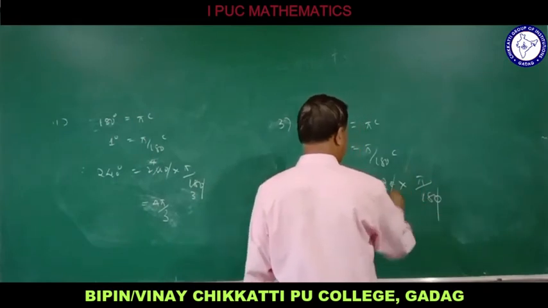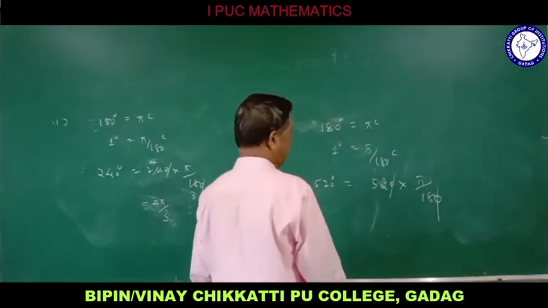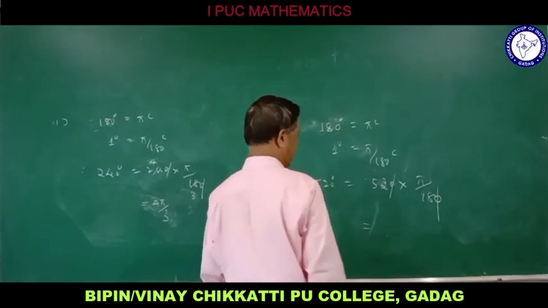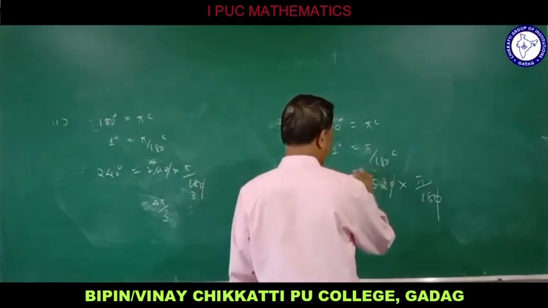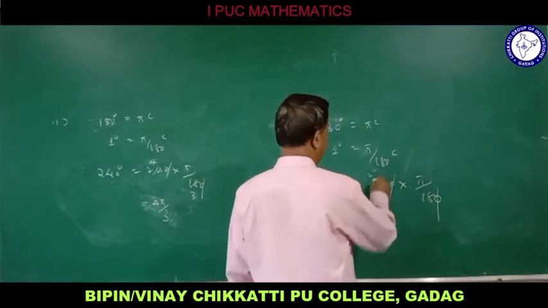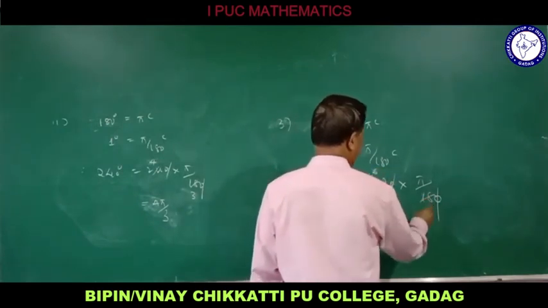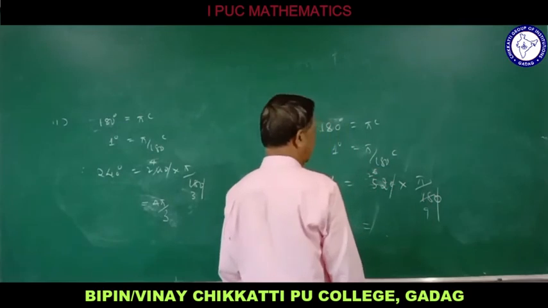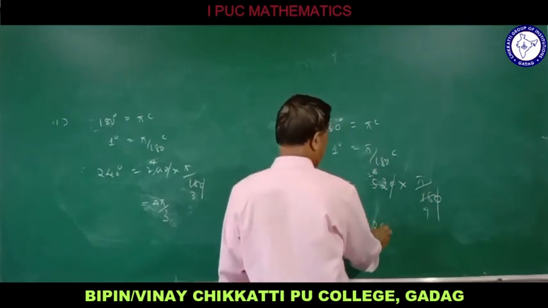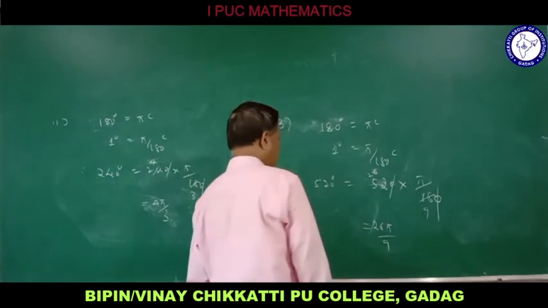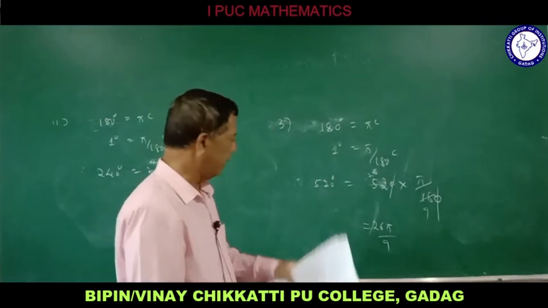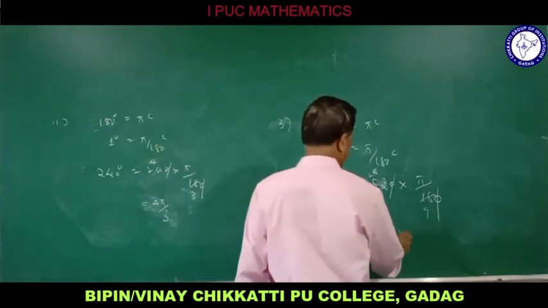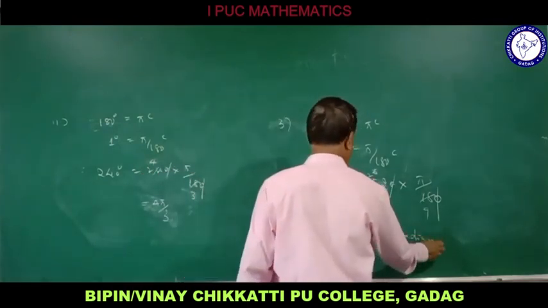So this is cancelling. Now 2 2s are 4 and 2 6s are 12. Here 9, and here you have 26 pi by 9. Is there any further cancellation? It is not possible. So 26 pi by 9 radian, and this is the final answer.